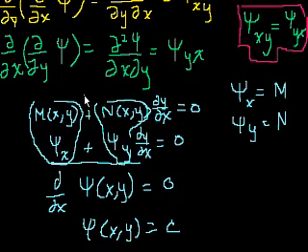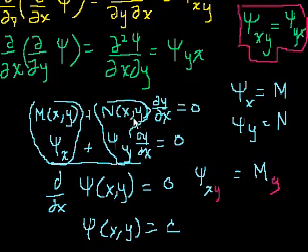If this is an exact equation, and we were to take the partial of m with respect to y, where the partial of xi with respect to x is equal to m, then that should be equal to the partial of n with respect to x, because the partial of xi with respect to y is equal to n.